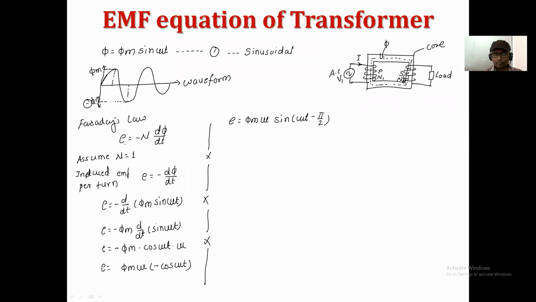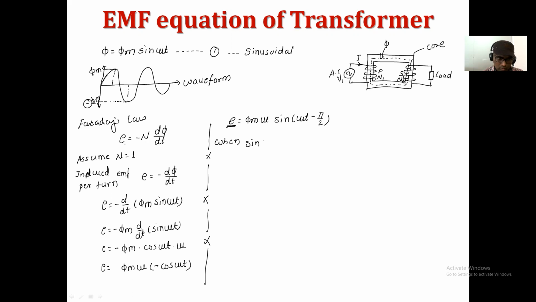Now this small e represents the induced EMF per turn. But when will this induced EMF be maximum? When this sine angle, sin(omega t minus pi by 2), becomes 1, because what is the maximum value of sin theta? It is 1.